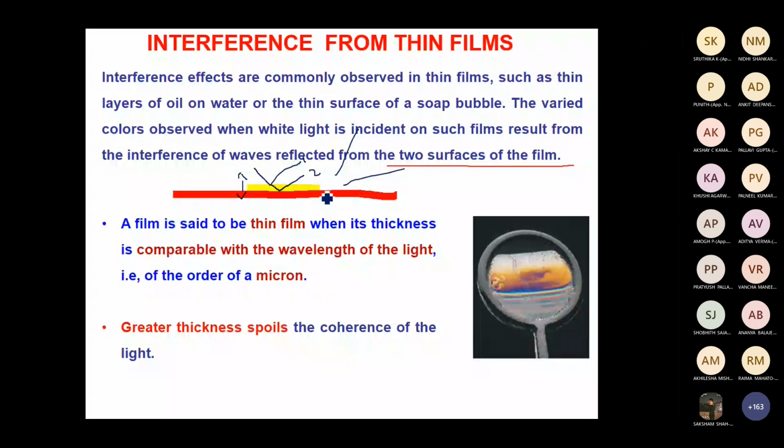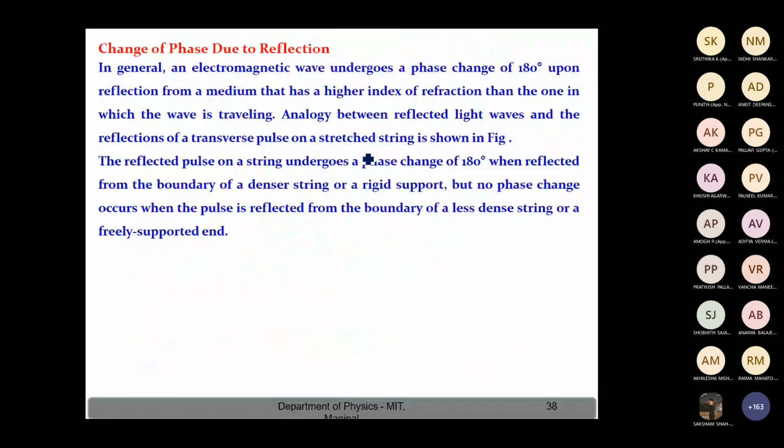Okay. So please note, today we will be setting up an equation for interference from thin films. In that, we need to take two things into consideration. The first thing we need to look into is phase change due to reflection.